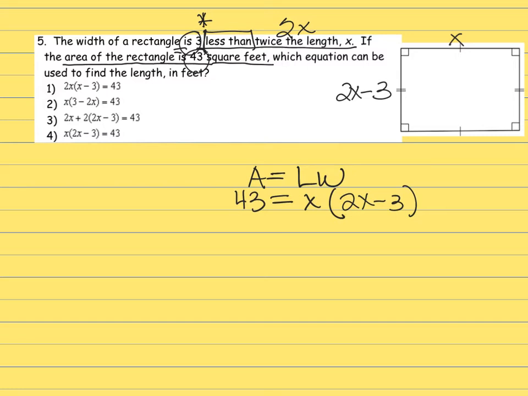So which equation can be used to find the length in feet? The equation we can use is the one most similar, choice 4: x times the quantity 2x minus 3 is equal to 43.